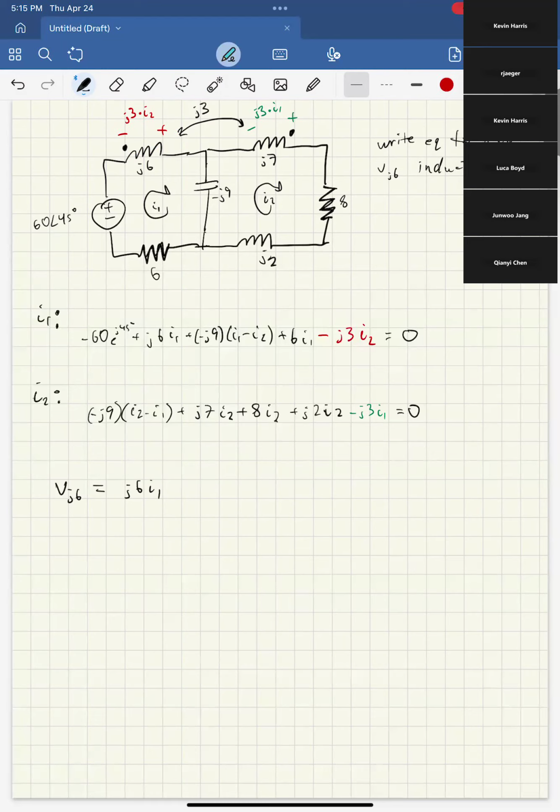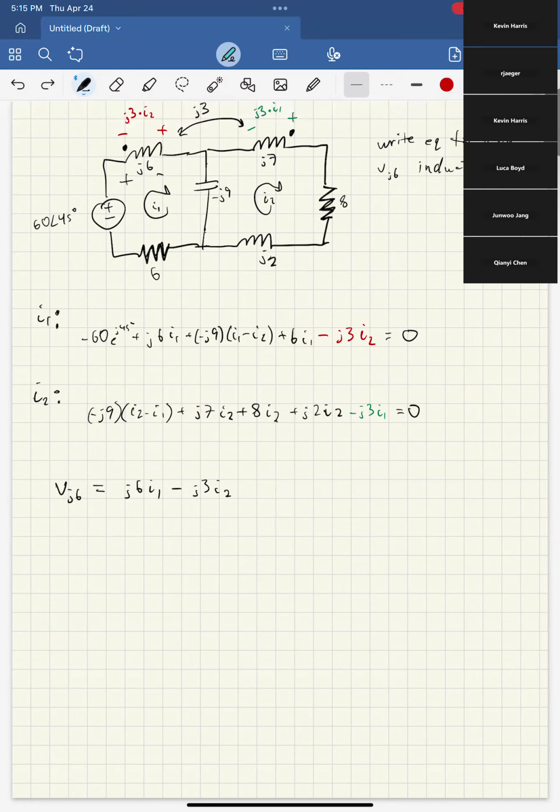So going from right to left, by definition we have the voltage drop due to the current, which is J6 I1. But then we have this polarity flipped, so it's going to be minus J3 I2. And then this would be your answer for that.